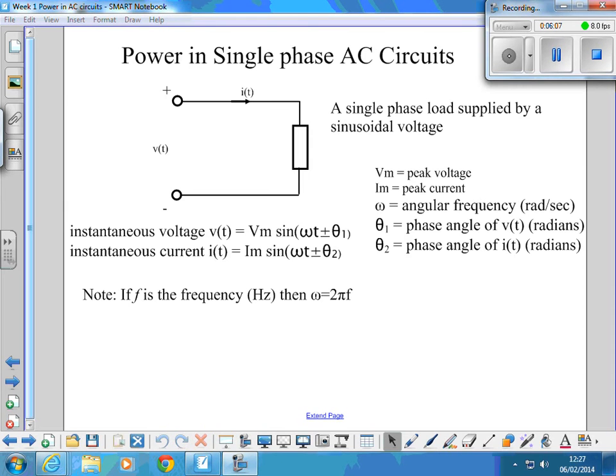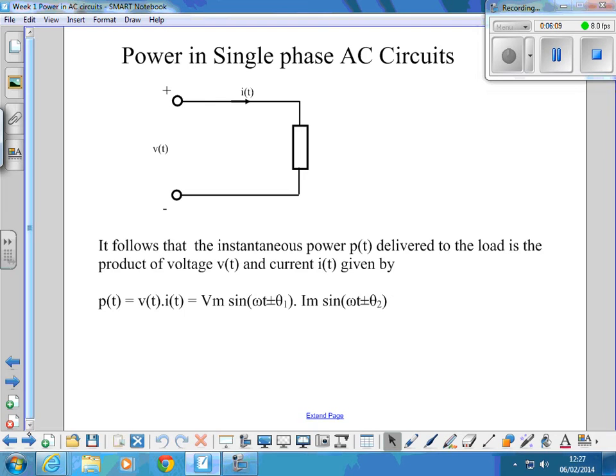Right, gents, moving on from that, consequently, as power: one way of calculating power is the voltage multiplied by the current. We can calculate the instantaneous power at any moment in time by multiplying together the instantaneous voltage and the instantaneous current.